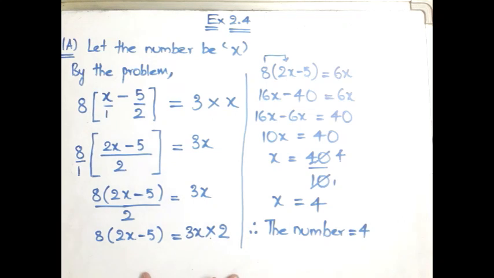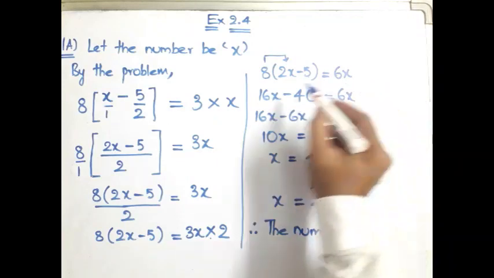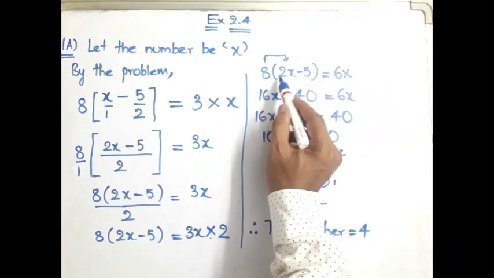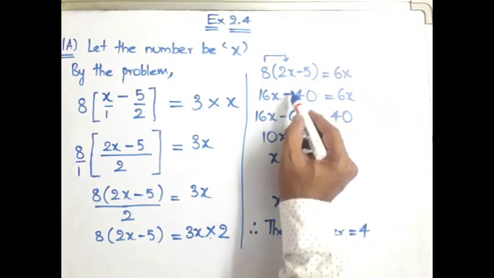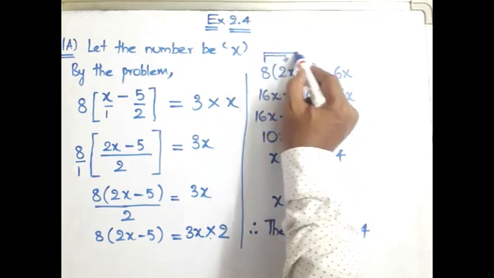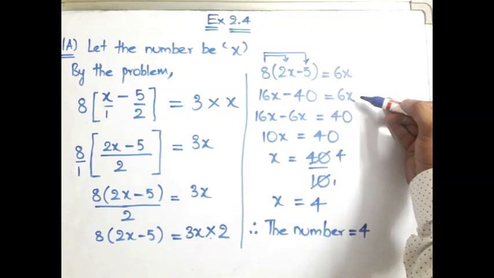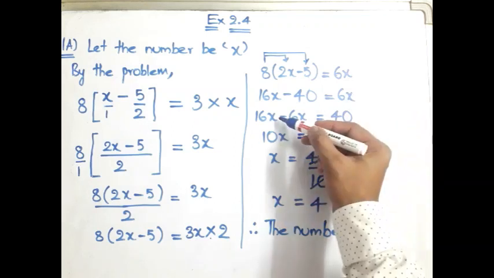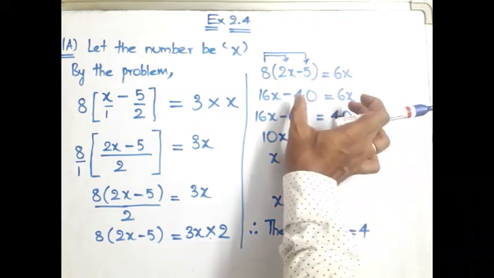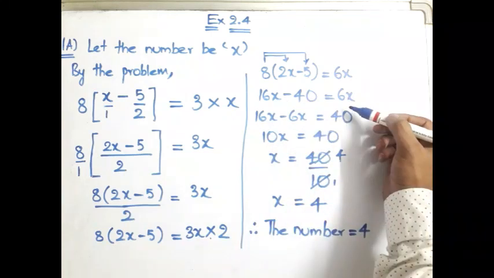Now look, 3x into 2 became 6x. 8 into 2x, 8 2s are 16, so 16x. Minus comes as it is, minus. Again 8 into 5, 5 8s are 40, is equal to 6x. We want the value of x. For that, we are doing some transposing of the terms.